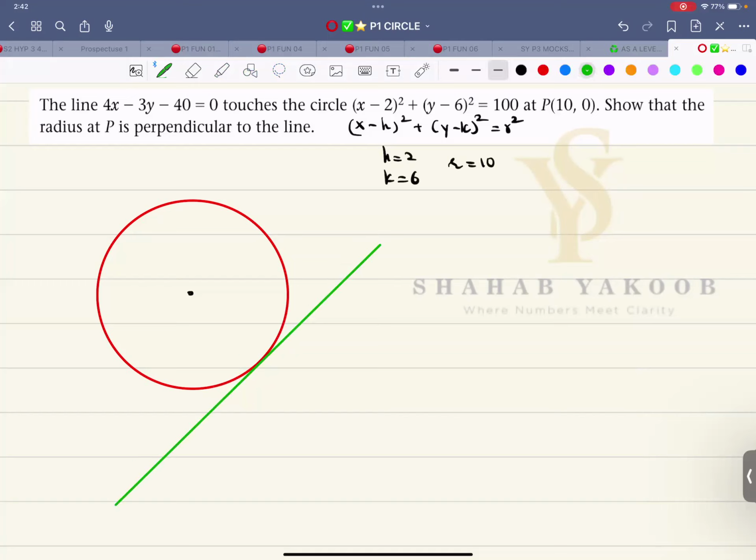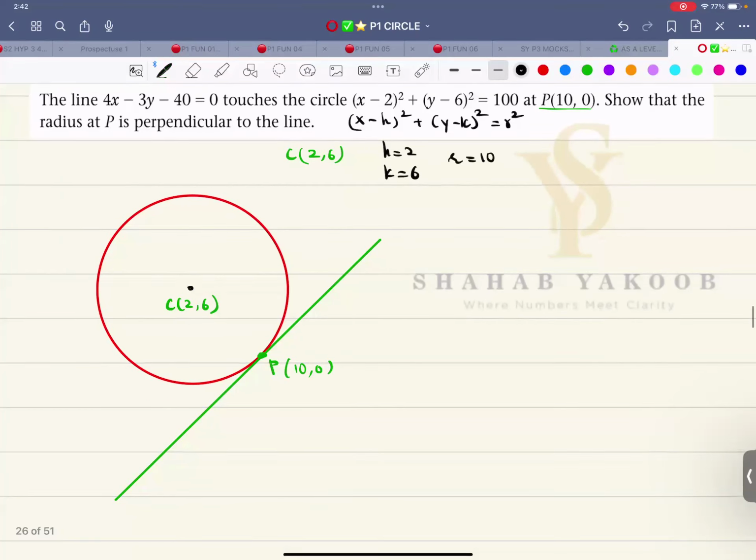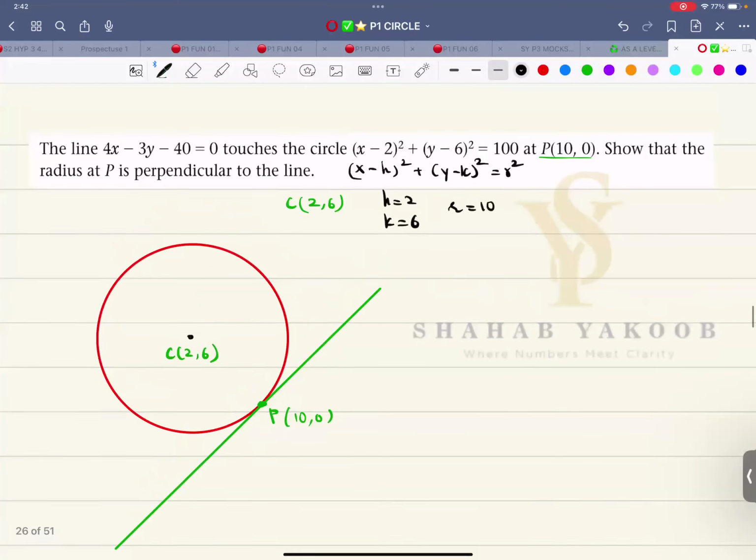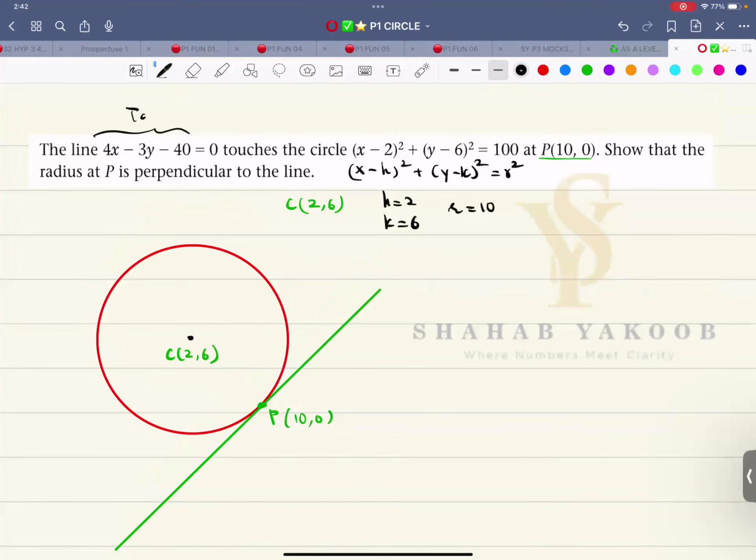So this is the center, (2, 6), and this point P is (10, 0). What else do I need? I need to first write that the line touches the circle at this point. So in other words, this line is a tangent.